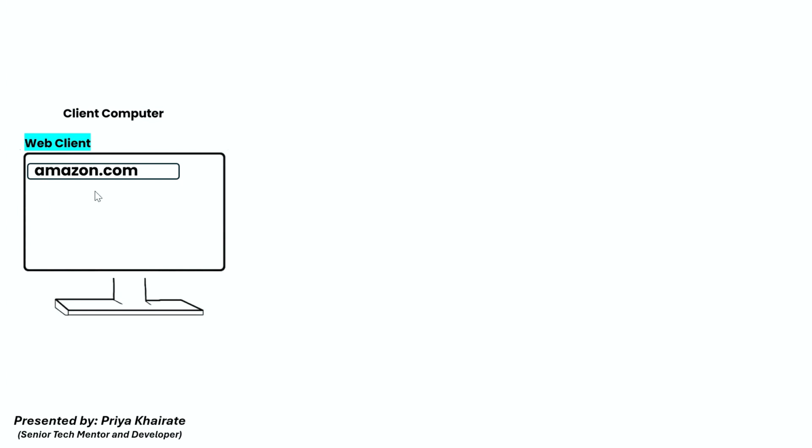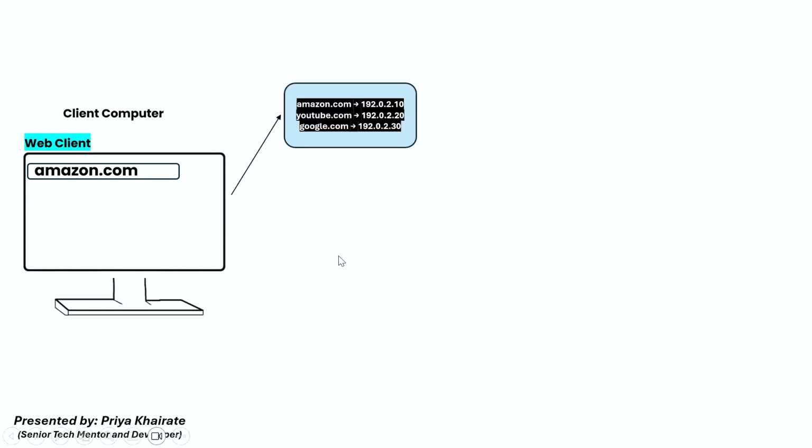Okay. Now, whenever we send the request for Amazon.com, where is the request going? Your request will go to the DNS system, the domain name system. This is just like a phone book in which each domain name is associated with the respective IP address. Now, each device, each computer will have its own unique number. Like in your college days, you might have had a roll number, a university number, right?